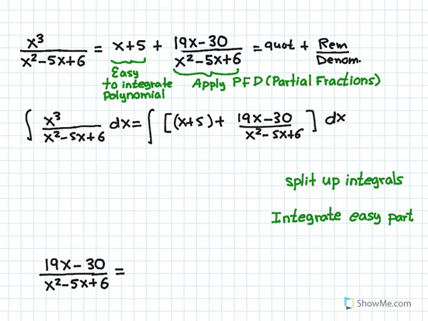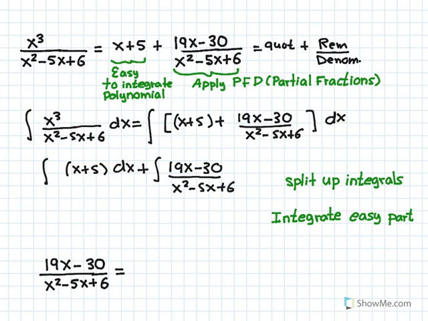Now we're going to split up the integrals. So what we have is the integral of x plus 5 dx plus the integral of 19x minus 30 divided by x squared minus 5x plus 6 dx.